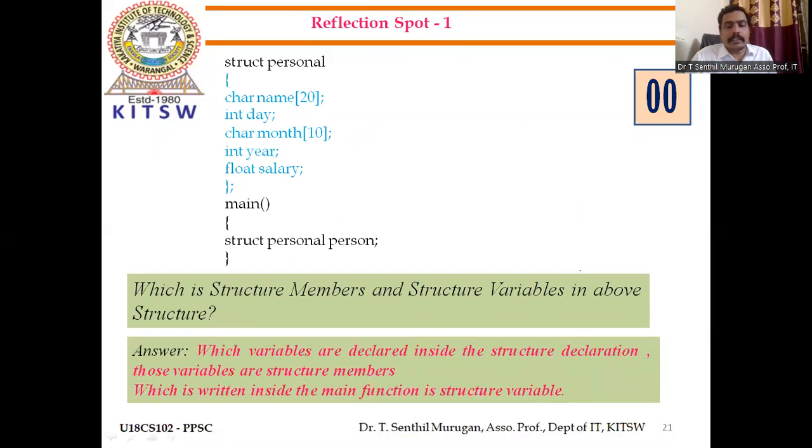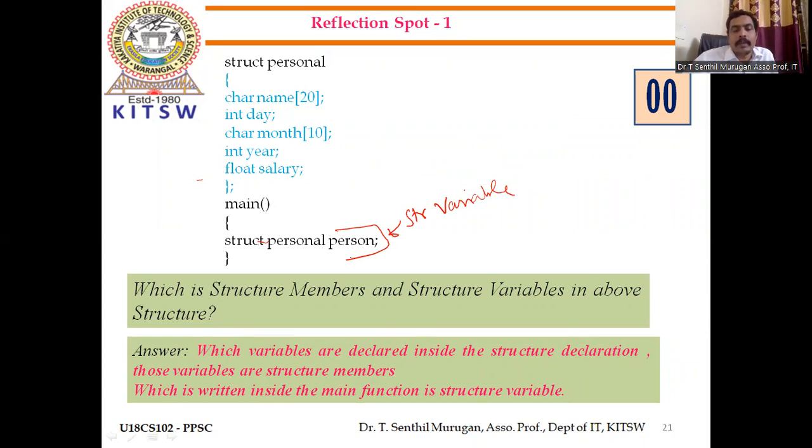Which variables are declared inside the structure declaration? Those variables are structure members. Which is written inside the main function is the structure variable. Just remember this. In this example, this is the structure variable, which we have written in the main function. I am asking about this program only; that's why I am saying within the main function.